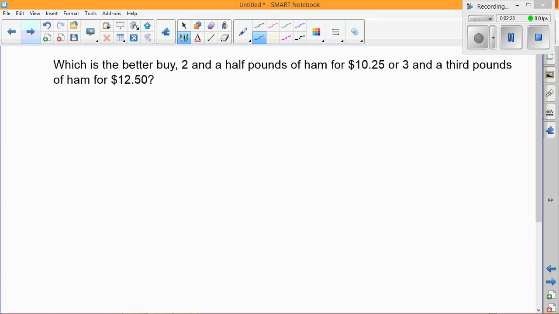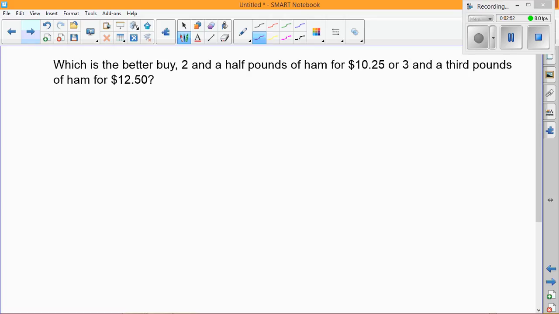Now, let me show you an example that we can use fractions for that end up in this form. When we're trying to find a better buy, we know we can find the unit rate and compare the unit rates. So, which is the better buy, 2.5 pounds of ham for $10.25, or 3 1/3 pounds of ham for $12.50?